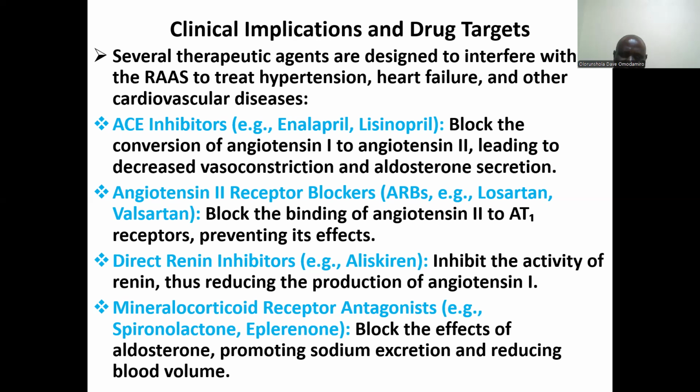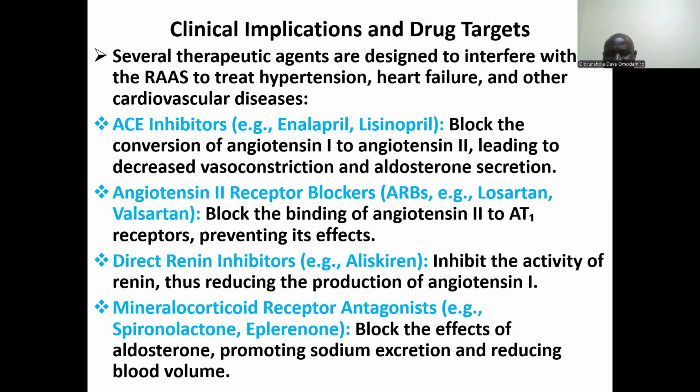The number 2 intervention is the blockage of the angiotensin 2 receptors, AT1. Once the receptor is blocked, angiotensin 2 will not be able to exert its vasoconstriction and also aldosterone secretion.